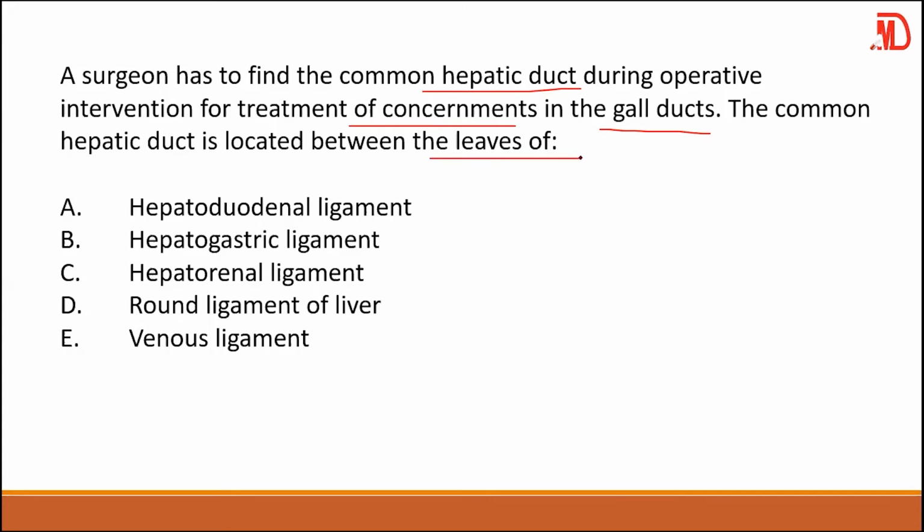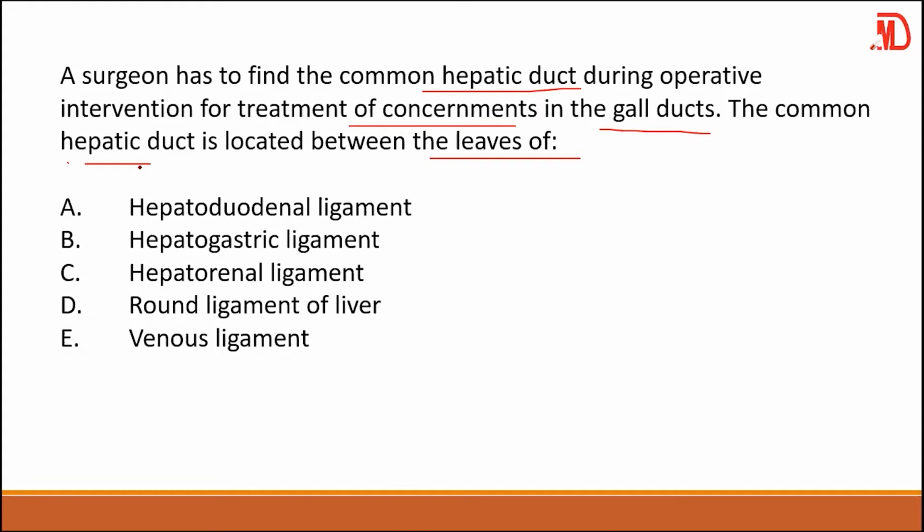So this one is anatomy. Where can we locate the common hepatic duct? That is the question. And for the common hepatic duct, this is an assignment: go and look for its anatomy so that you can know it better for yourself. But basically, we are looking at the hepatoduodenal ligament.